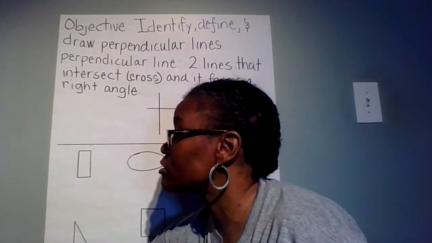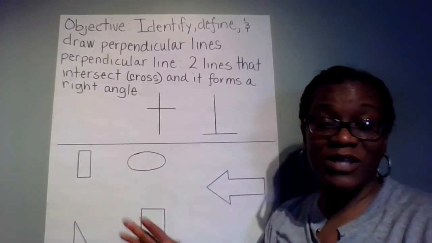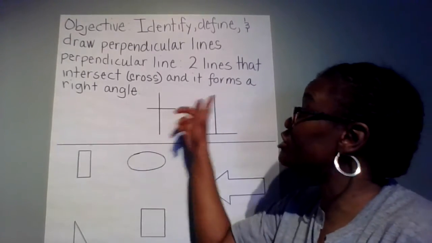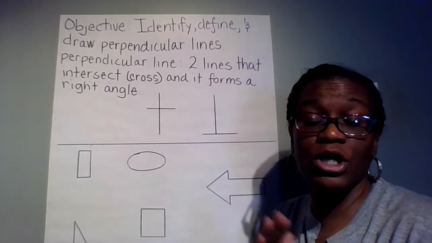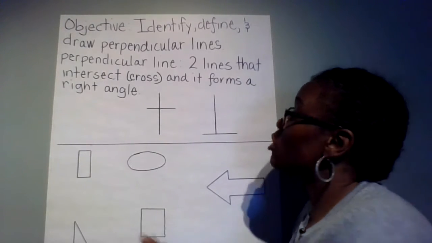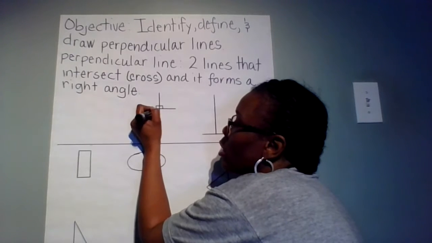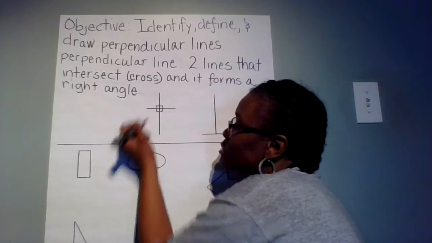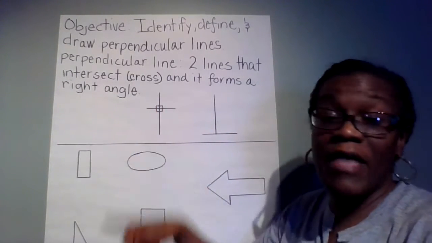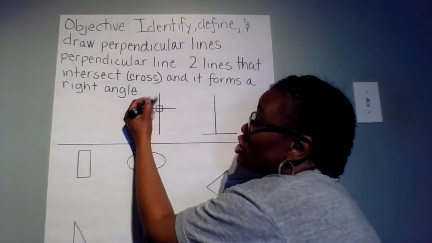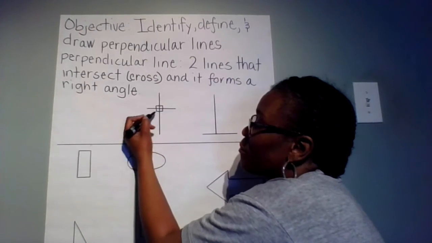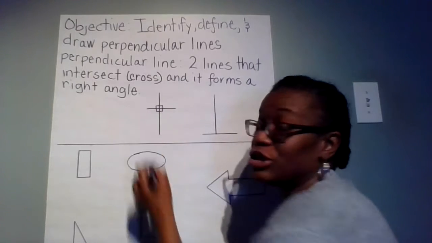So scholars, I just intersected or crossed two lines, and so now you can see I can make perfect little box squares right here, and that means that each section here is 90 degrees.